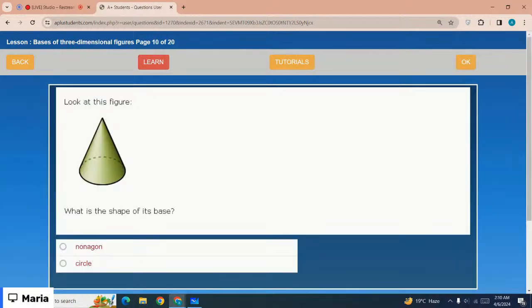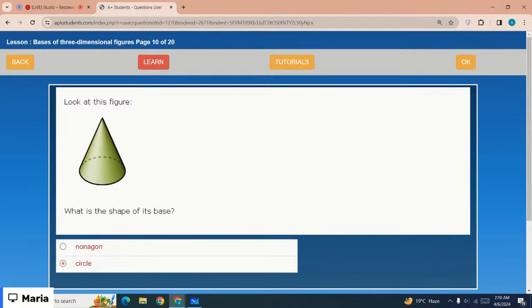Look at this figure. What is the shape of its base? So, which is the correct option? Yes, circle it is, right? Okay, you can complete the lesson by yourself later today. Let me just move on to the next lesson.